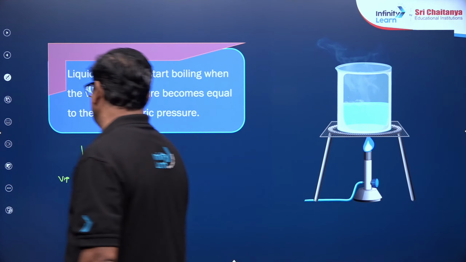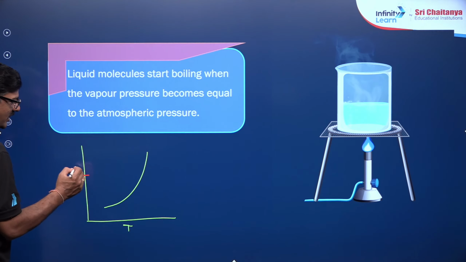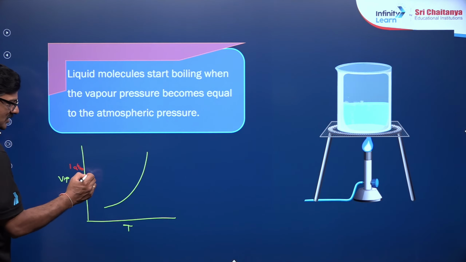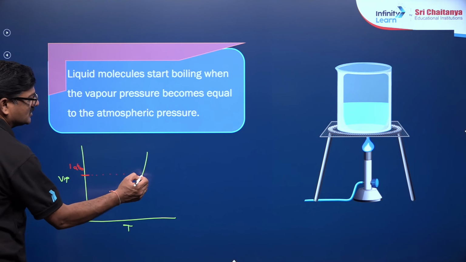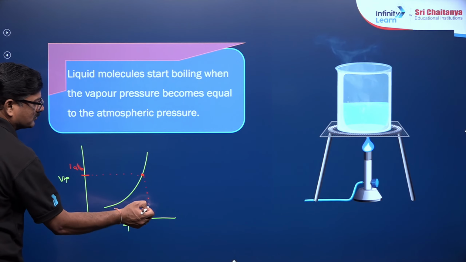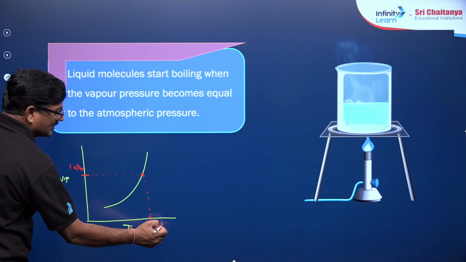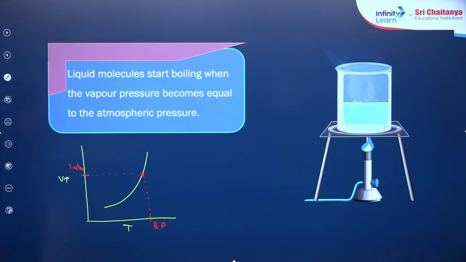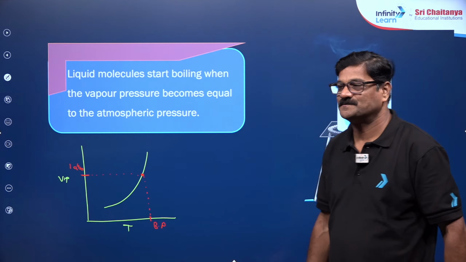You can see this is 1 atm pressure or 1 bar pressure, and you are going to extend this line, my dear students, and this is the temperature, called the boiling point temperature of the liquid. Understand? This is the boiling point temperature of the liquid.